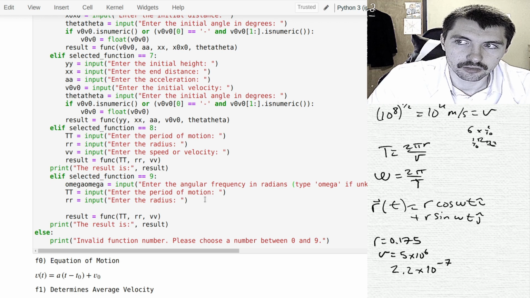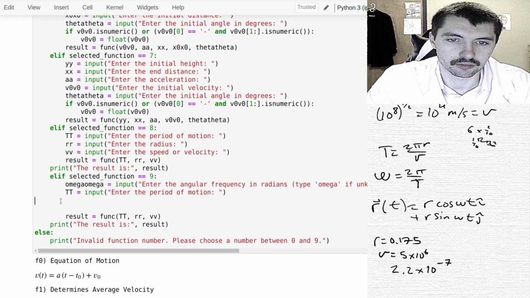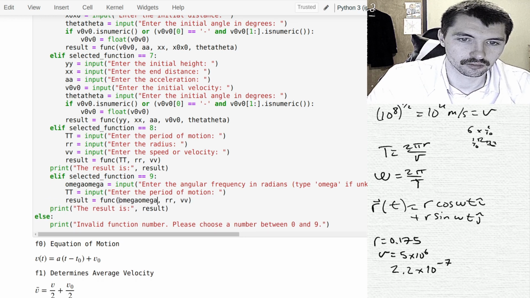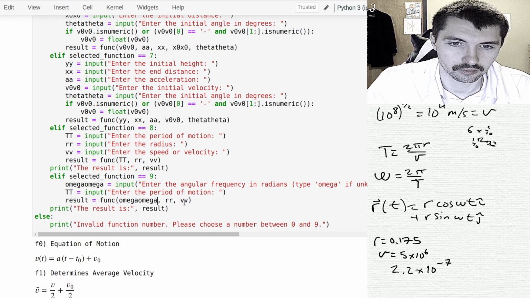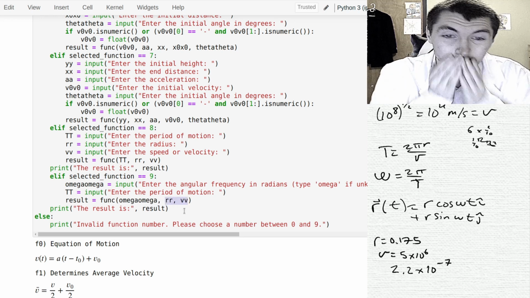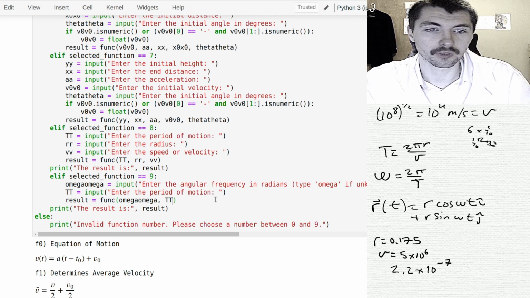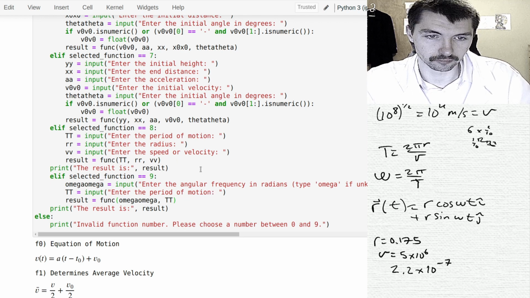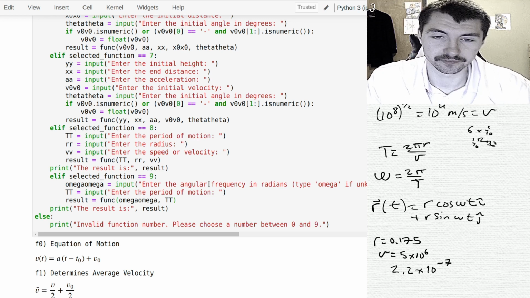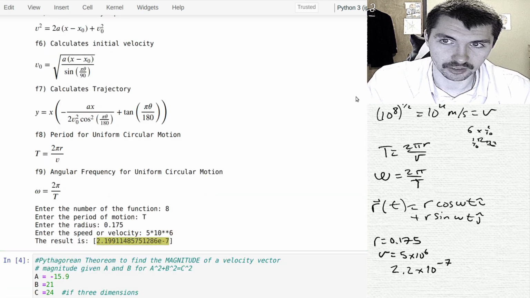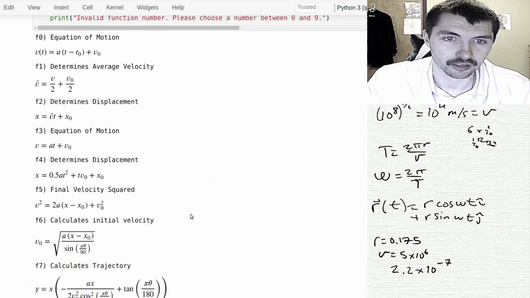Okay, omega t. Okay, so we're gonna copy this number. That's our period of motion. Copying this.